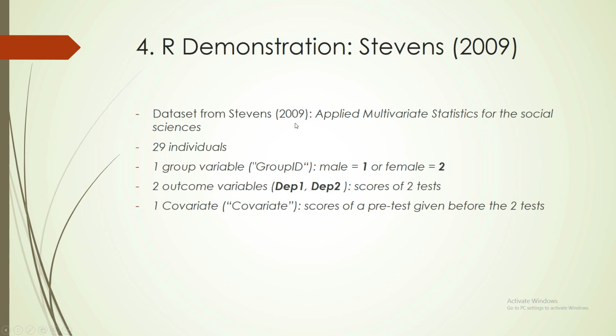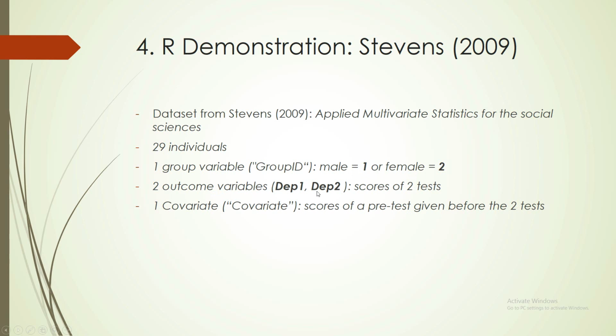You can take a look at that book if you are interested in multivariate analysis more deeply than just this video. This data set has 29 individuals. It has a group variable, which in my demonstration I call group ID, and this group variable has two categories: male and female.